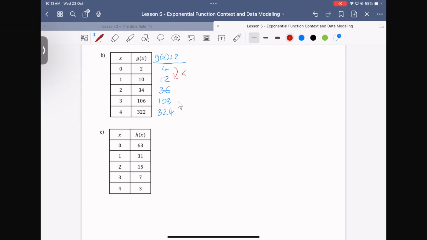This is times by 3, this is times by 3, times by 3. So what's our function going to be? G of x plus 2 is equal to 4 times 3 to the x. So g of x is equal to 4 times 3 to the x minus 2.